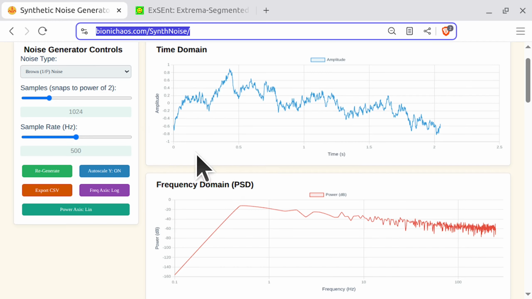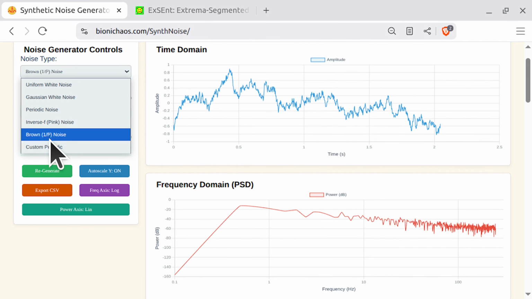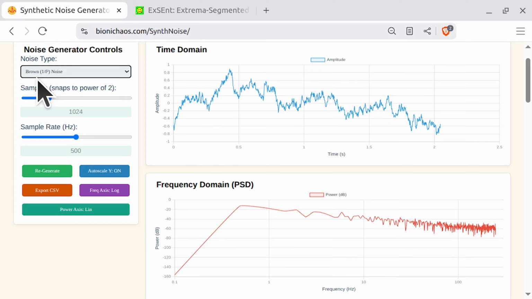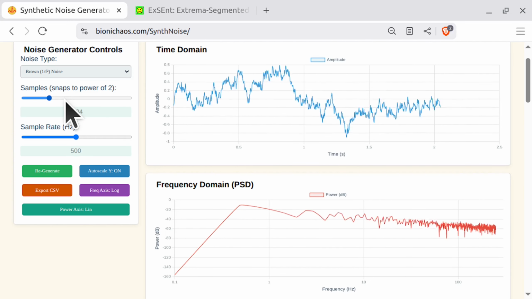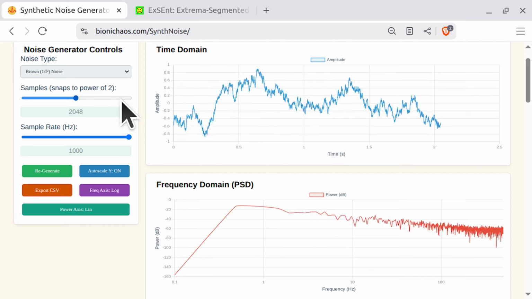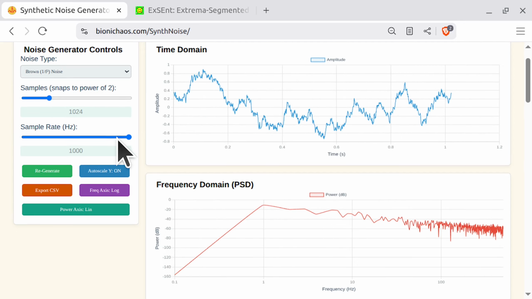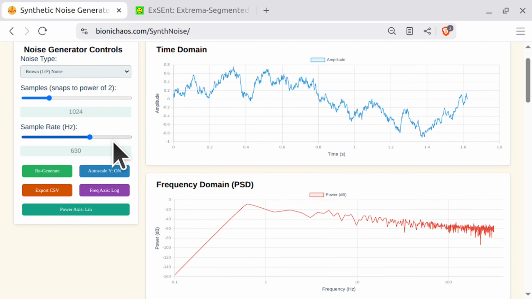Yeah, I mean, for example, something like Brown noise, also called 1 over f squared, looks like this, and you can see that it actually resembles EEG baseline quite well. So you would be using something like that.